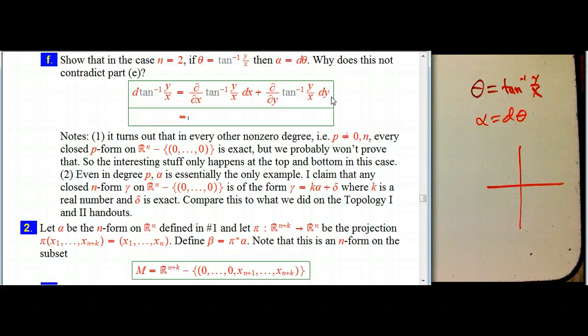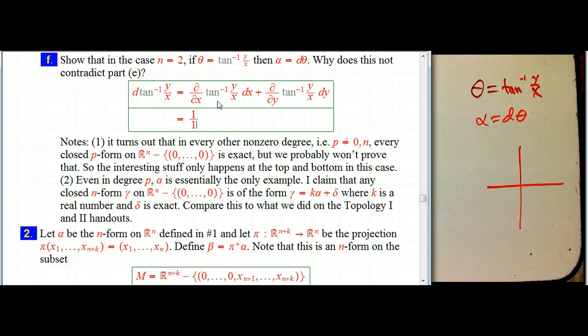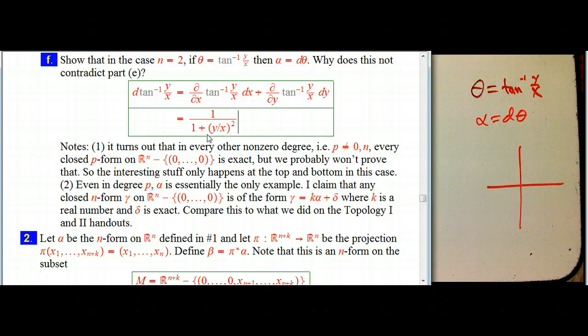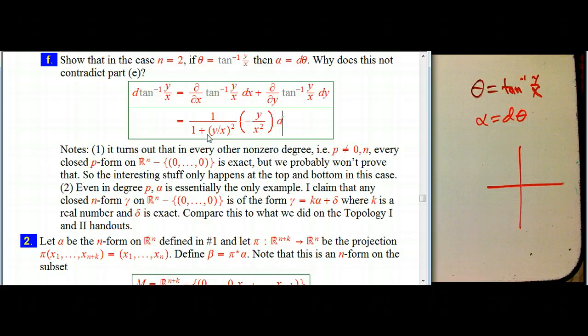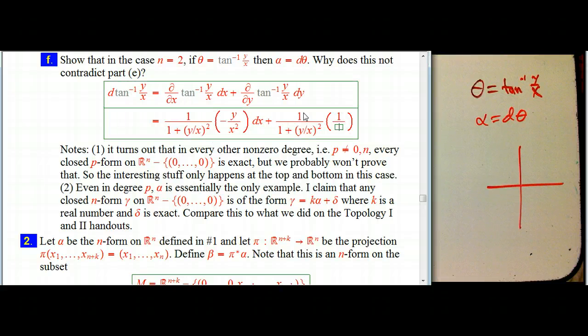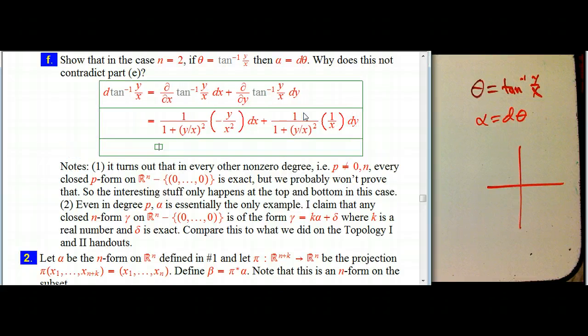Okay. And that's going to be, so inverse tan, you get 1 over 1 plus whatever that argument squared is, so that's y over x squared, times the chain rule, and d by dx, we're going to get a minus y over x squared, and then that's all times dx, plus, same thing to start with, because it's still the inverse tan, and now the derivative with respect to y, that's just 1 over x times dy.